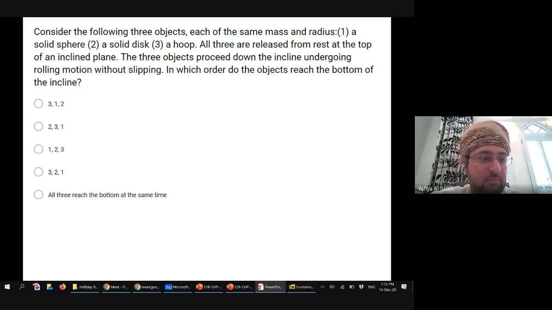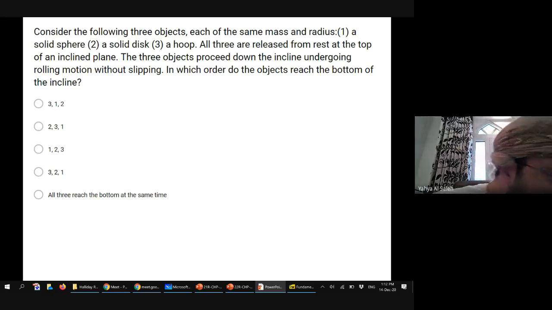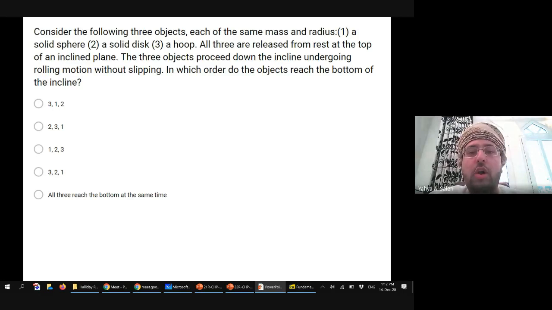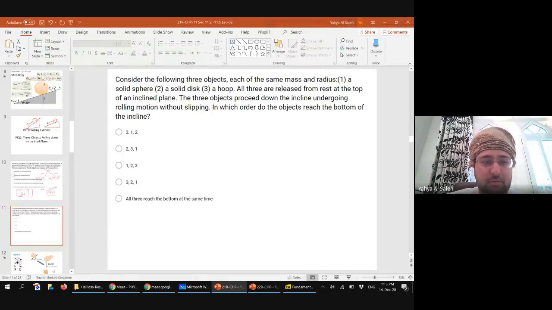So same M, same R. A solid sphere, a solid disk, a hoop. All three are released from rest at the top of an inclined plane. The three objects proceed down the incline, undergoing rolling motion without slipping. In which order do the objects reach the bottom of the incline?